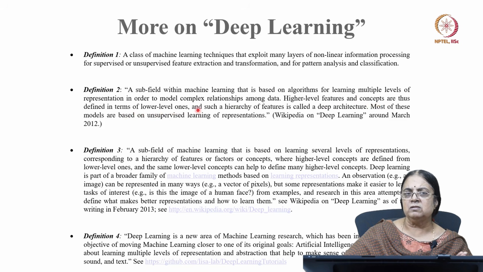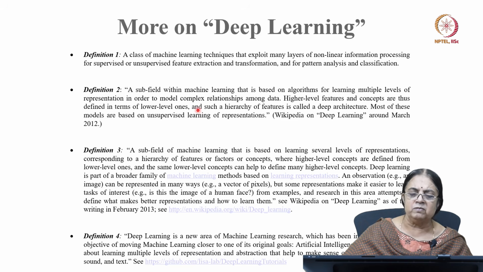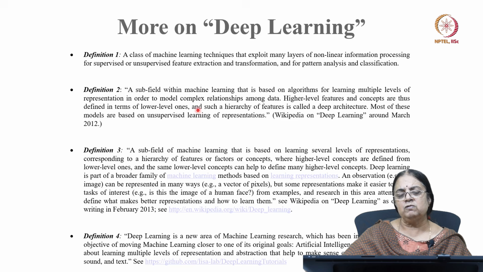When you feed the input into the deep learning algorithm, you have the lower level features, and these lower level features combine together to get higher level features later on. So the higher level features are defined in terms of the lower level features.